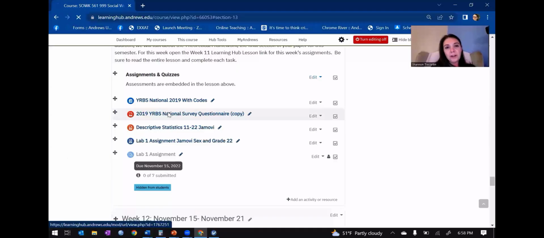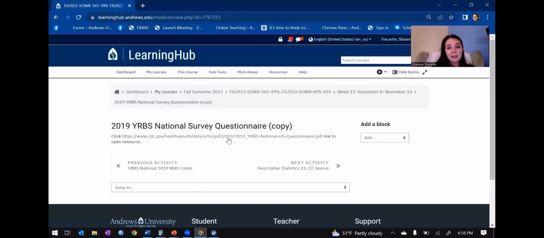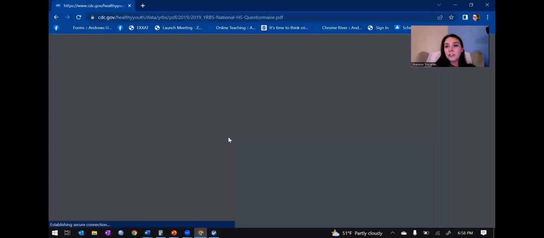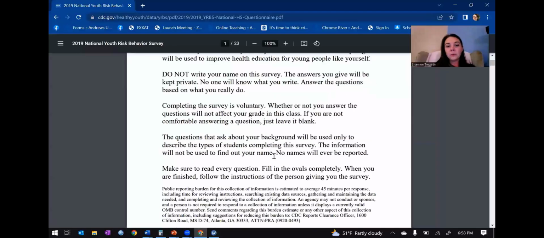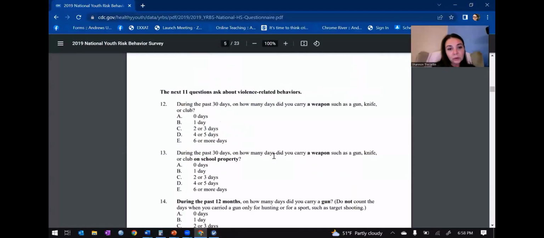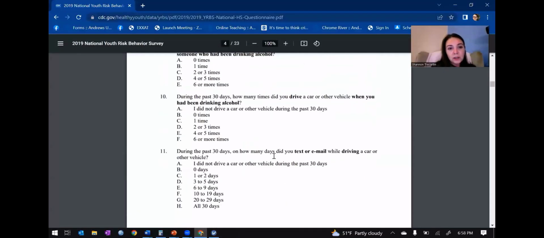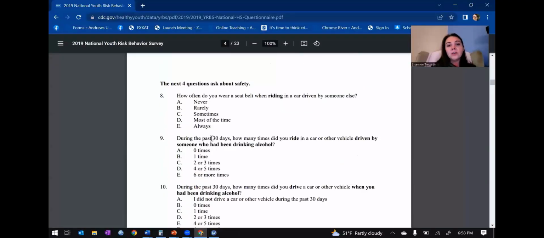If I open that, I'm going to be able to get the questions that correspond to those numbers. So if we're looking at Q9, it is, during the past 30 days, how many times did you ride in a car or a vehicle driven by someone who had been drinking alcohol? So riding with someone drinking alcohol, you could actually copy this if you wanted to.